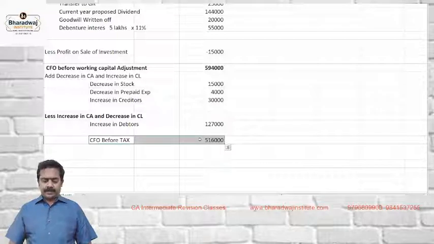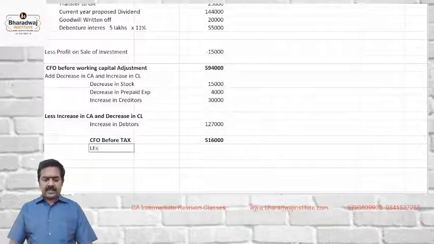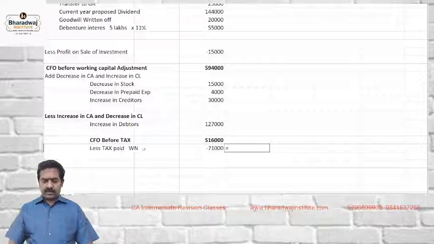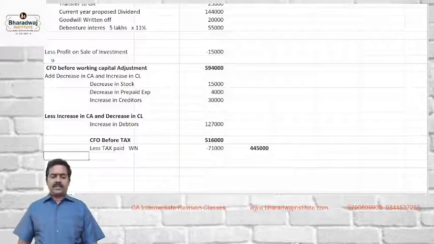Five lakh 16,000 less tax paid. Look at the working note we have done. 70. This will give us net amount after tax.